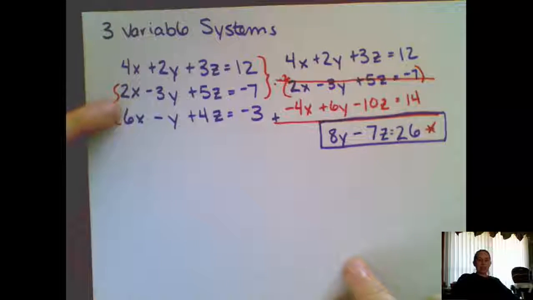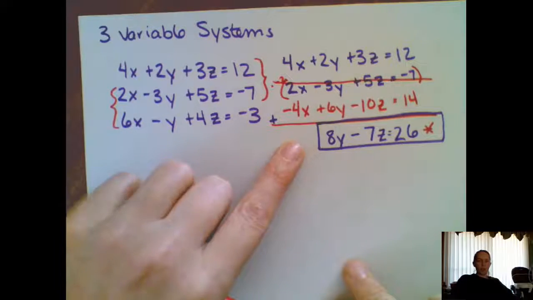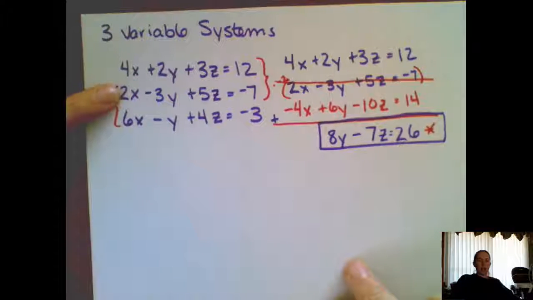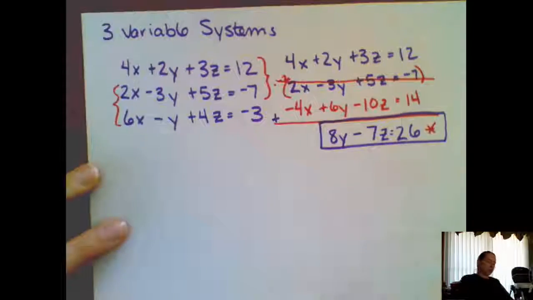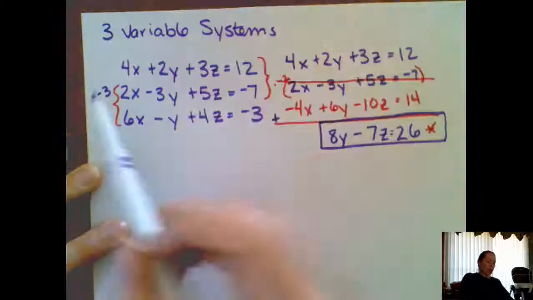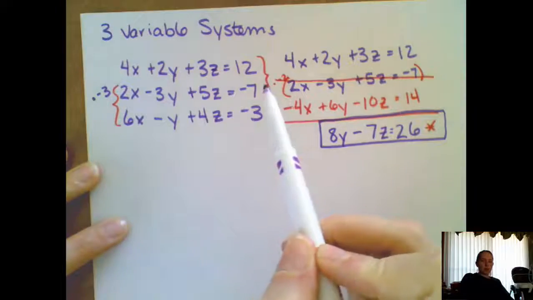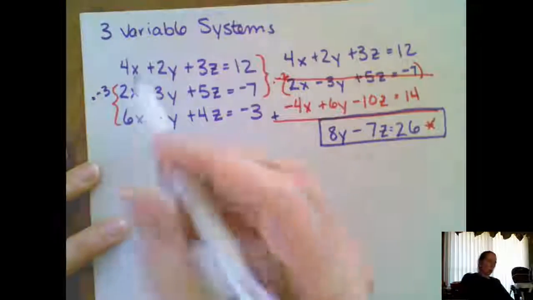We must get these x's to go away. If I turn this number into a negative 6, they would go away. So I can times by a negative 3 to everything in this second equation, and then my x's will go away.